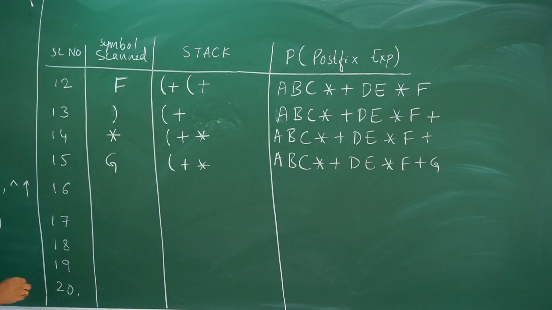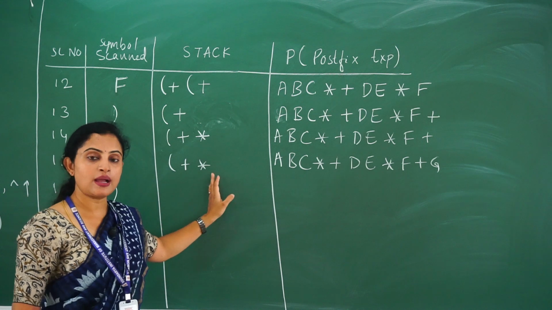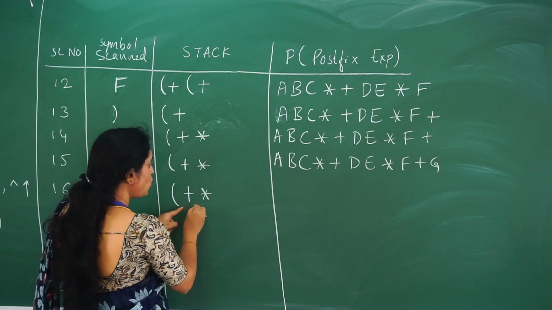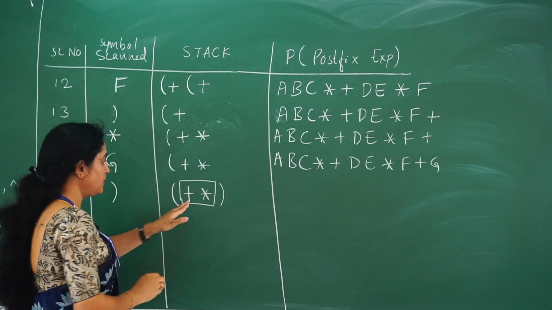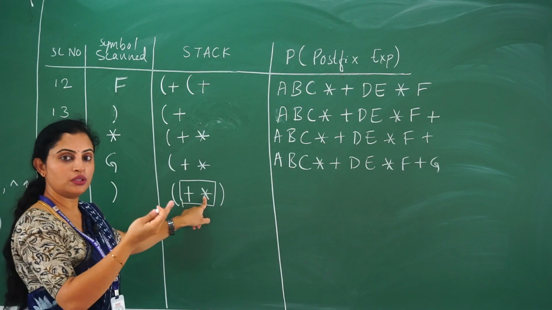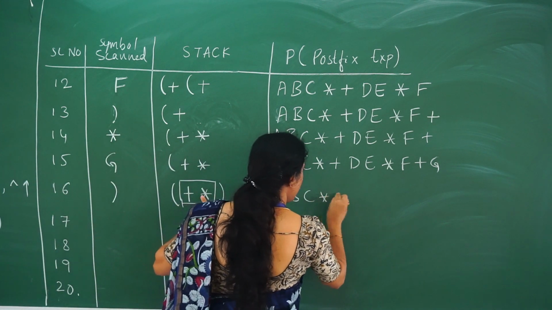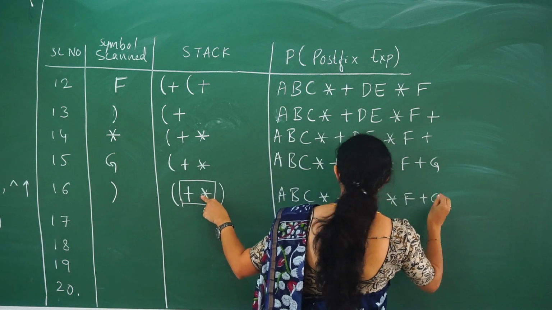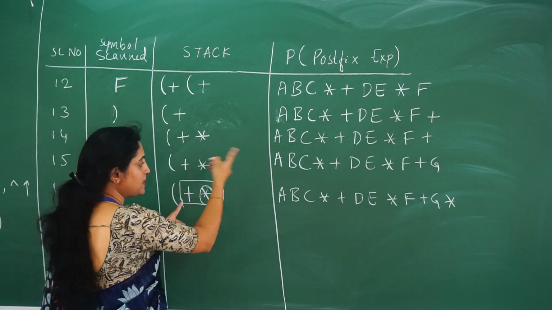So the next scanned symbol is right parenthesis. Whenever the right parenthesis is encountered, we have to pop out all the operators from the stack until the left parenthesis is encountered. Inside the stack we have two operators, so we pop out all operators until the left parenthesis. First the top of the stack is popped out, that is asterisk, then the next, plus operator, is popped.